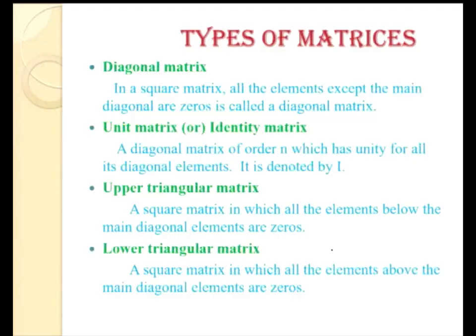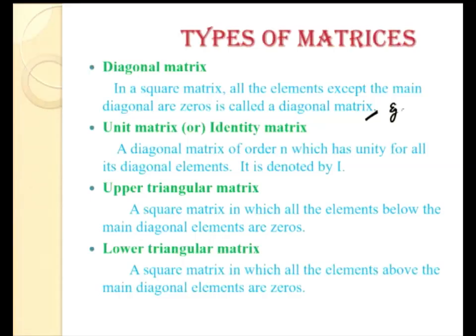Continuing with the types of matrices, the diagonal matrix. It is a very special type of matrix and a compact form of representing a matrix with a large number of entries. In a square matrix, if all the elements except the main diagonal are zeros, then that is called a diagonal matrix.